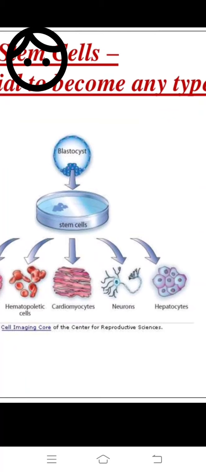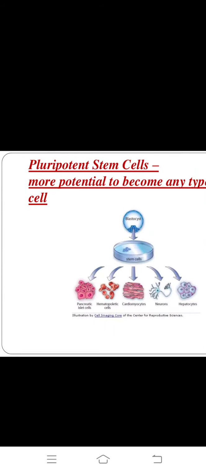Next, cardiomyocyte. Cardio means heart muscles also formation is cardiomyocytes. Neurons, neuron formation in neurons. Okay, next one, hepatocytes. Okay, this was pluripotent. Pluripotent means to form all other types of cells except only placenta.